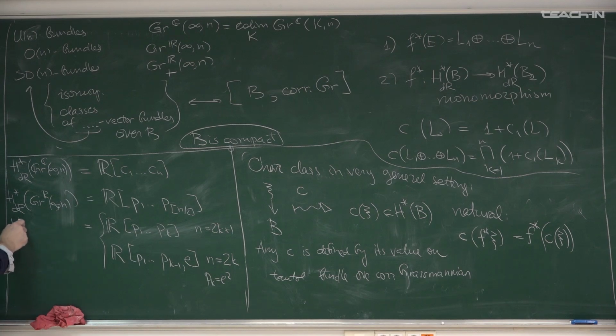And if you calculate the de Rham cohomology of oriented Grassmannian, okay, I skip the proof, but the statement, roughly speaking, is as follows. If you have another approach to characteristic classes which comes from algebraic topology, you will obtain exactly the same characteristic classes as in Chern-Weil approach.